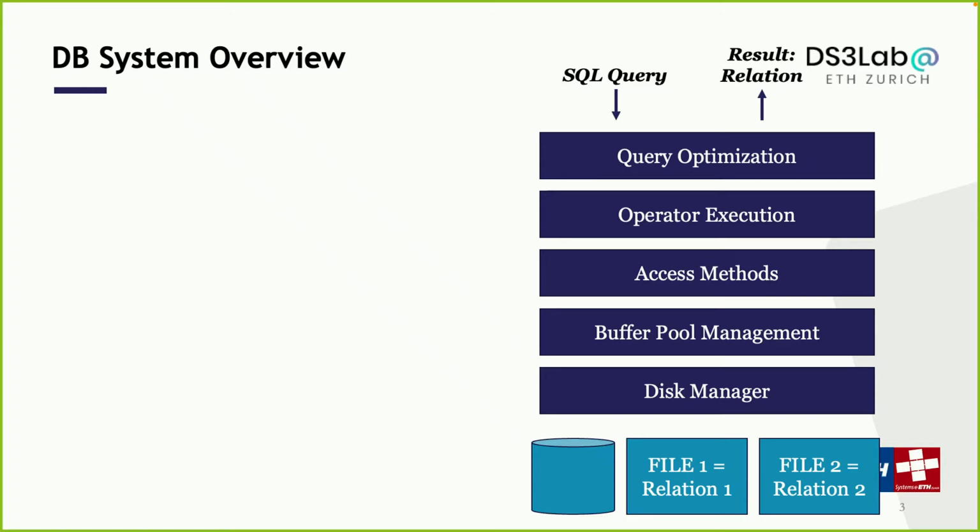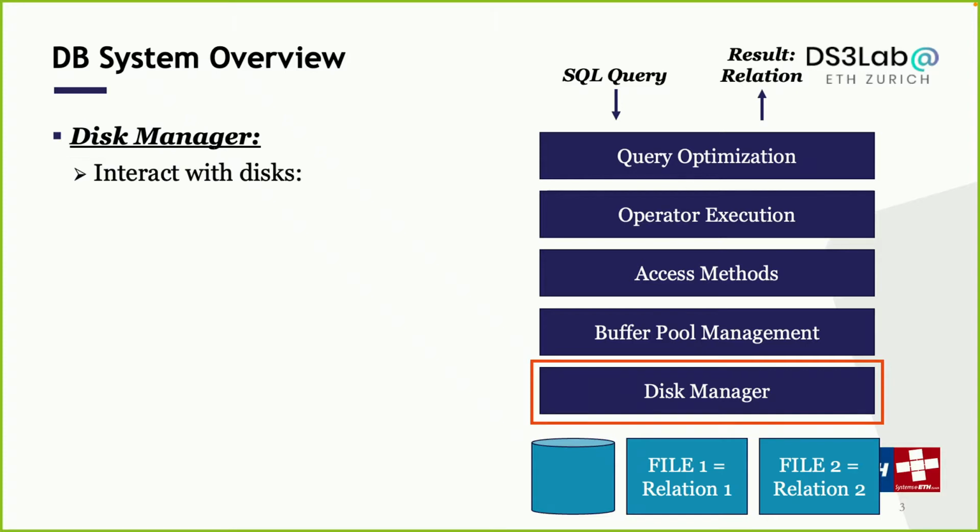At the query optimization layer, it is going to try to find the optimal way of running that SQL query. It will generate what we call a query plan, and then use all the operators provided in the lower layer to actually run it. So this is the 5-layer architecture of a pretty traditional database system.